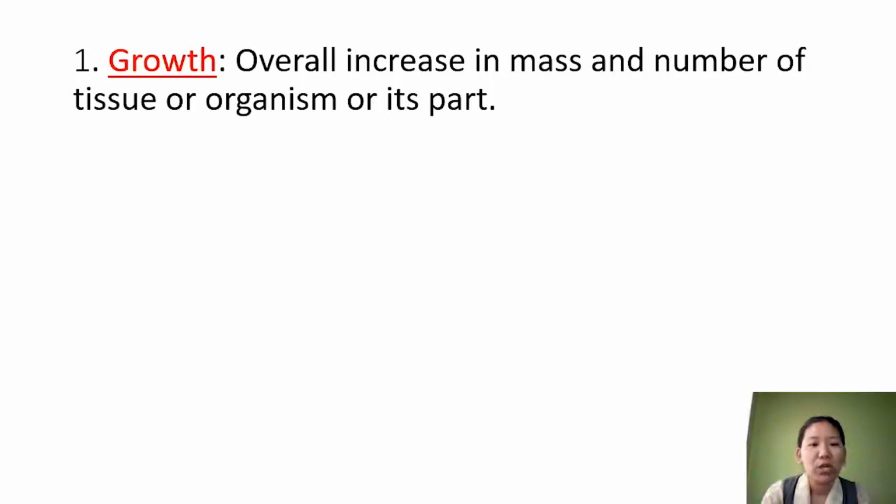If we talk about living organisms, we know that growth takes place in all of them, whether unicellular or multicellular. This growth takes place through cell division. The cell division in unicellular organisms leads to growth as well as reproduction. So in unicellular organisms, growth and reproduction occur simultaneously.